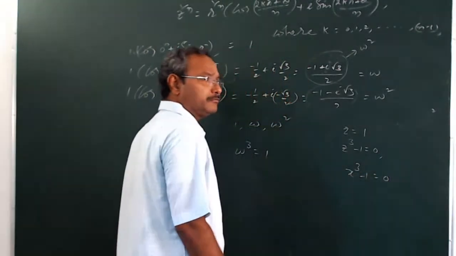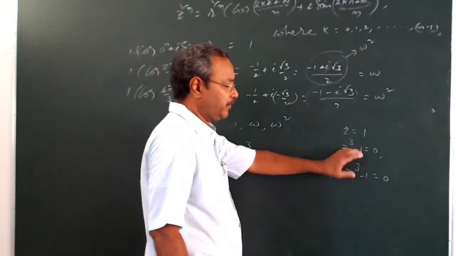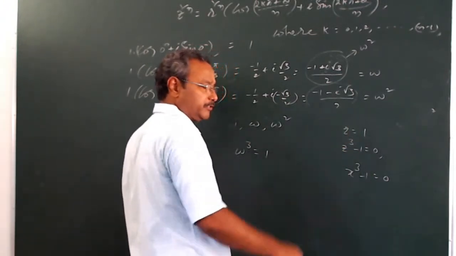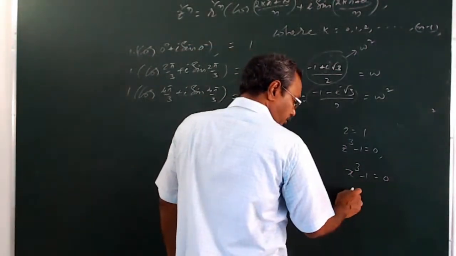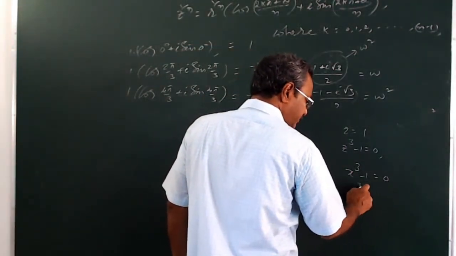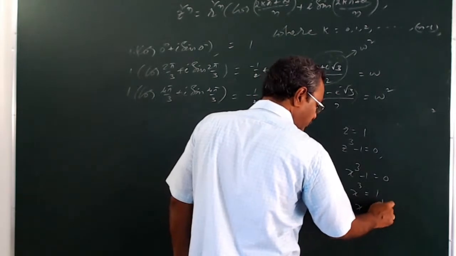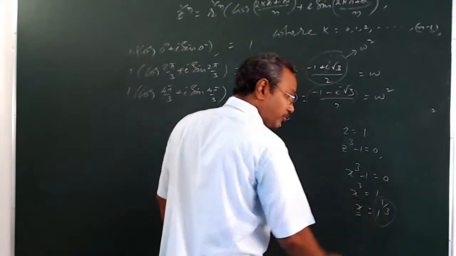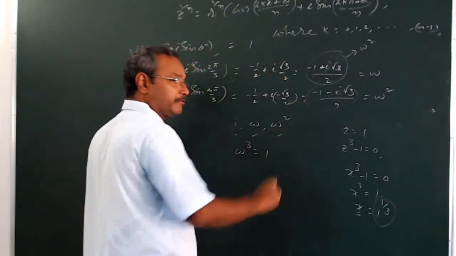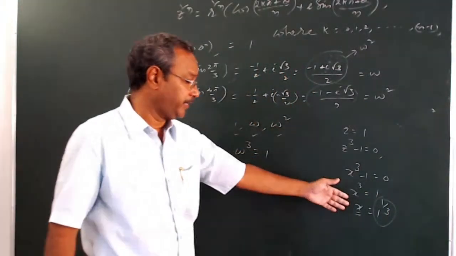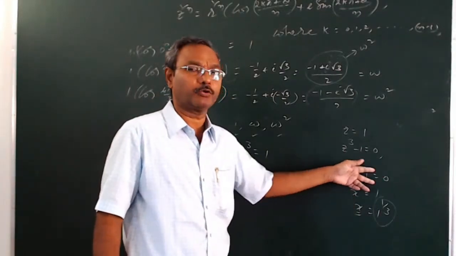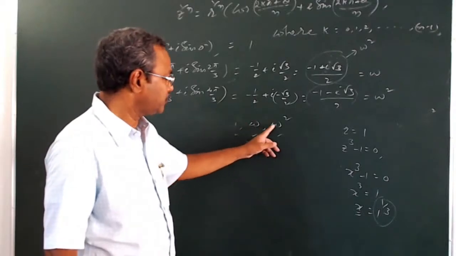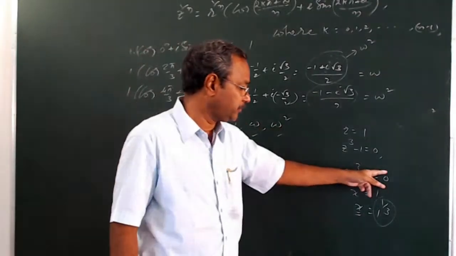If you are comfortable with x, you can look at this equation as well. Solve this equation. That gives x cube is equal to 1, or x equal to 1 to the power of 1/3. That's why the values of x, which are cube roots of 1, are solutions or roots of this equation. So each of these roots should satisfy this equation x cube minus 1 equal to 0.